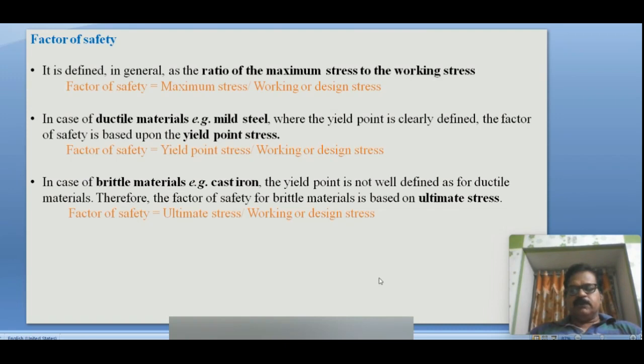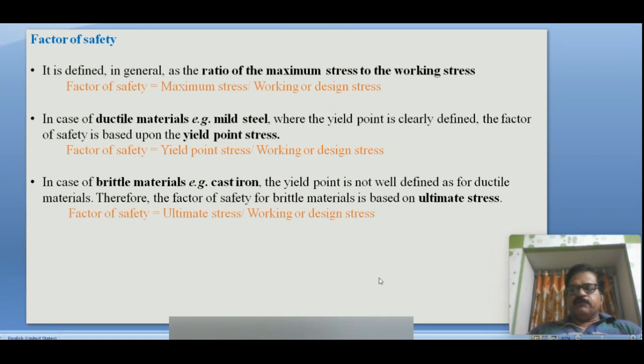That means there will be a wide gap between the maximum stress or failure value of stress and the working or design stress. If the failure of the member doesn't affect many things, then you can go with a smaller value of factor of safety, maybe 1.25 or 1.5, like that.